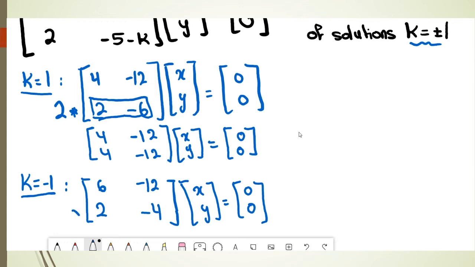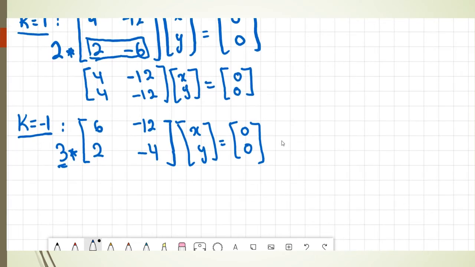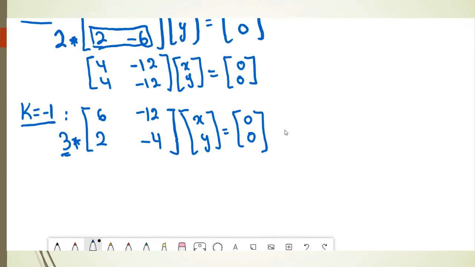Again, if we multiply the second equation by 3, a factor 3, okay, we will get the first equation. So we will have the same equation, so we can write 6 minus 12, 2 multiplied by 3 is 6, and 3 multiplied by minus 4 is minus 12.